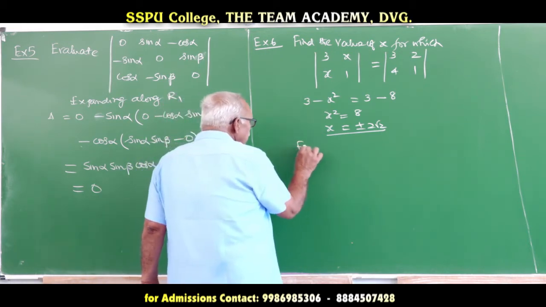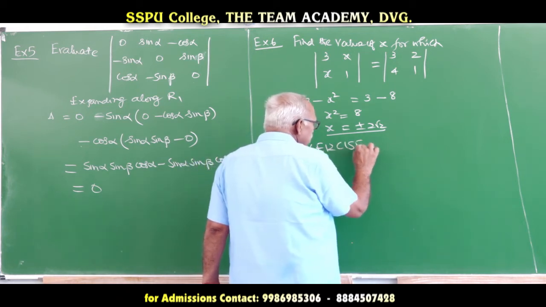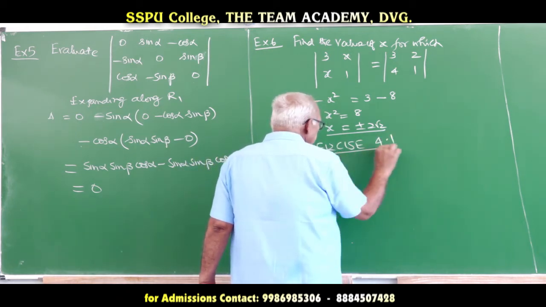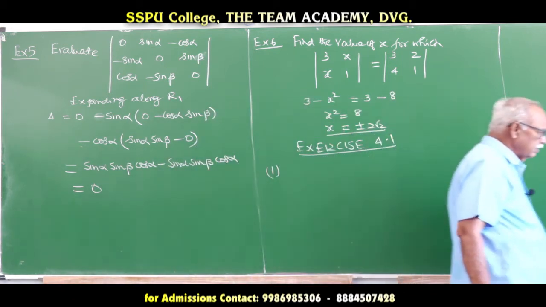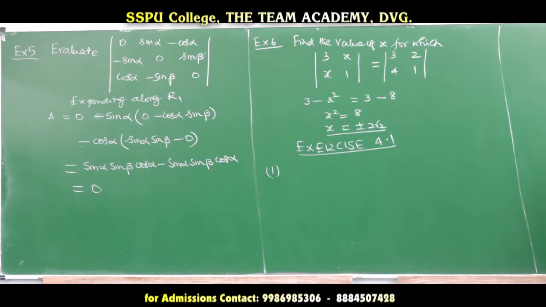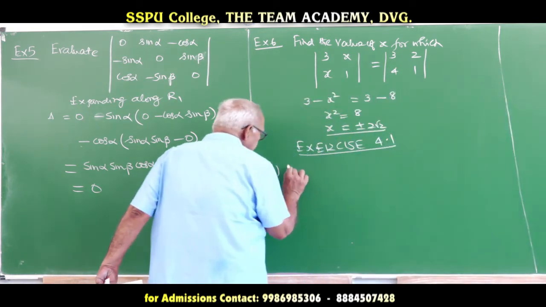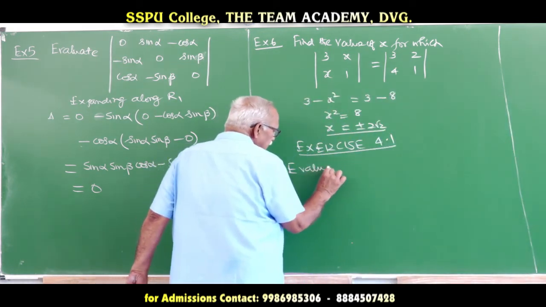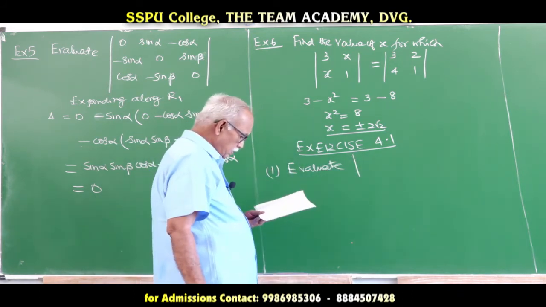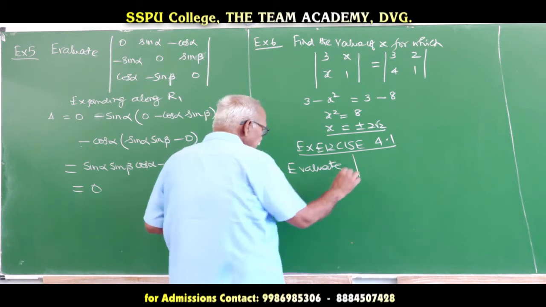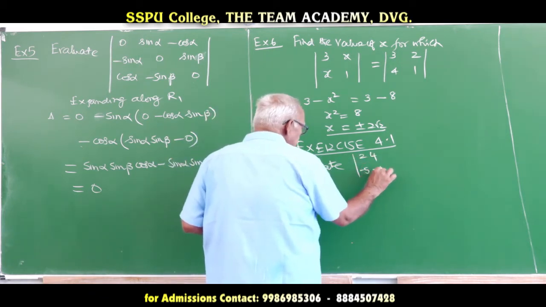Now, we will go to the first exercise problem. First exercise, that is 4.1. Let us take the first question in that. Evaluate the determinant 2, 4, minus 5, minus 1.